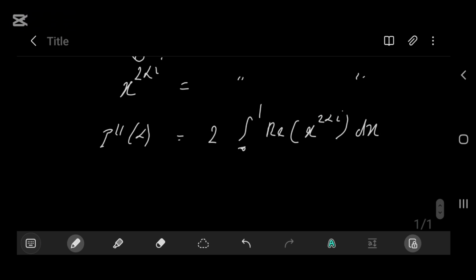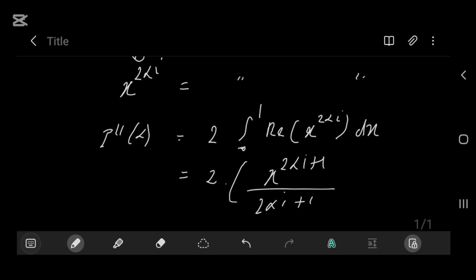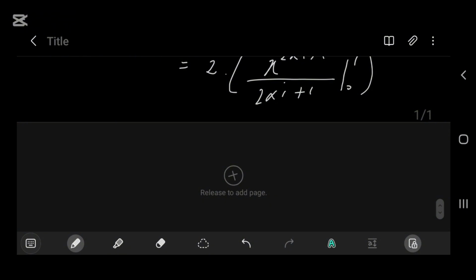Okay, cool. So 2 times, and we can literally integrate this, so we can just write x to the power 2 alpha i plus 1 over 2 alpha i plus 1 from the boundaries 0 to 1. Let's move on to page number 2.